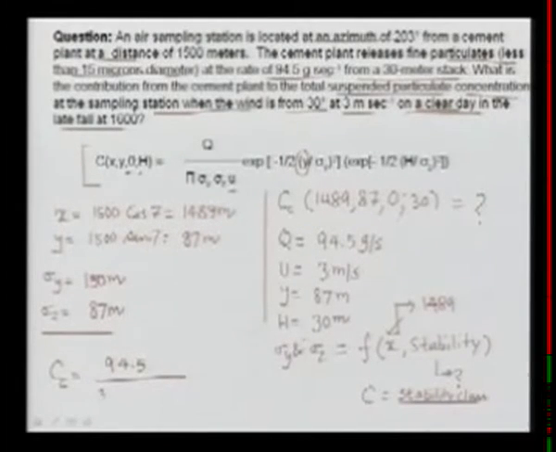Pi is 3.14. U is 3 meters per second. Sigma y is 150. Sigma z is 87. And then the exponential term, I will write this underneath here: exponential of minus 1 by 2. Y, what is the value of y?